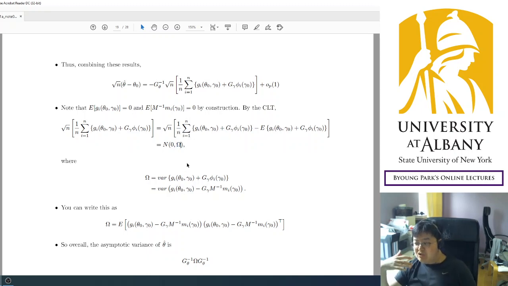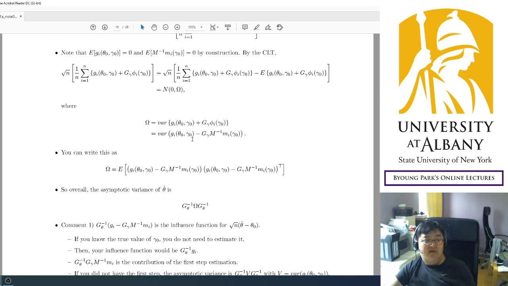So as you see, the rationale is pretty much the same. I just did not fill the gap. You just need to state what the required assumptions are for the uniform convergence, central limit theorem, Slutsky's theorem, continuous mapping theorem, and Taylor expansion, and so on. So in the end, we have this.